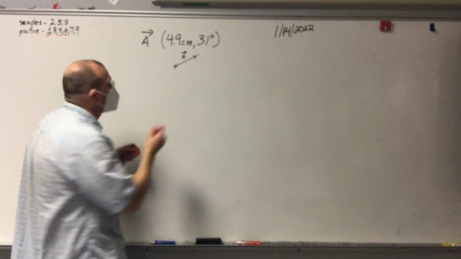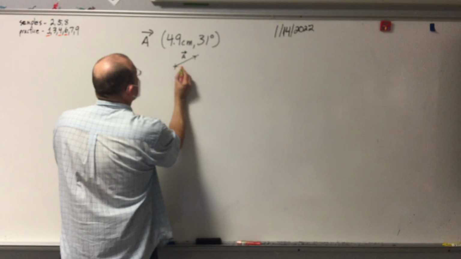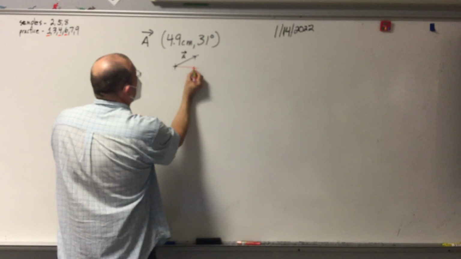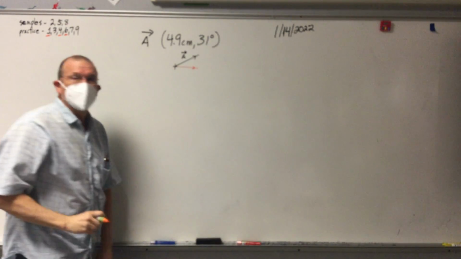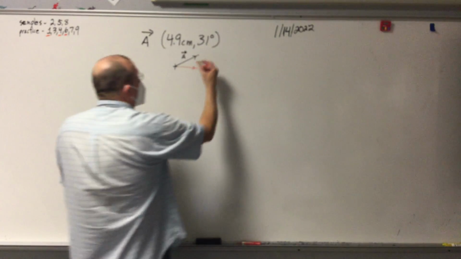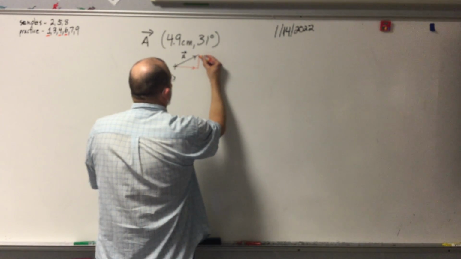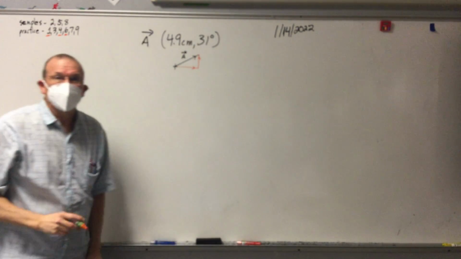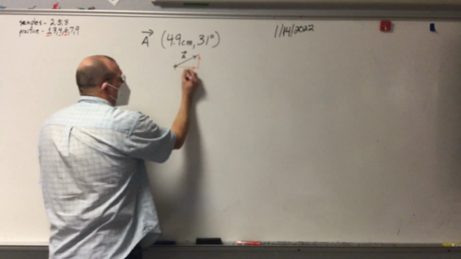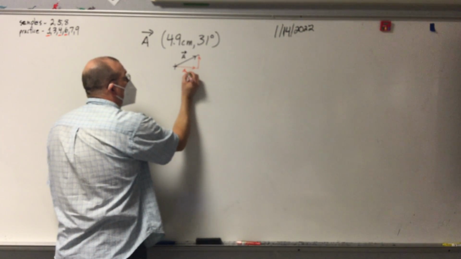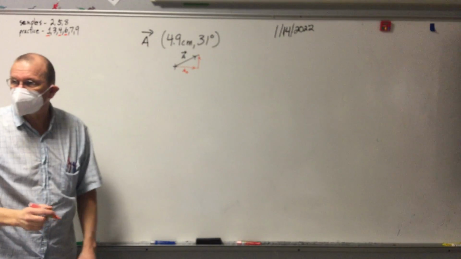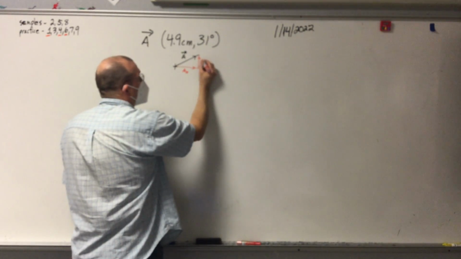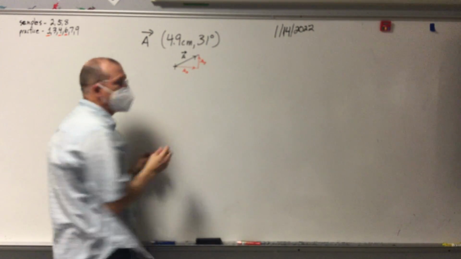You do not have to, but just so you can see what I'm looking for. A horizontal component would point over that way, and the vertical component would be like that. This horizontal one would be AX, and the vertical one would be AY.